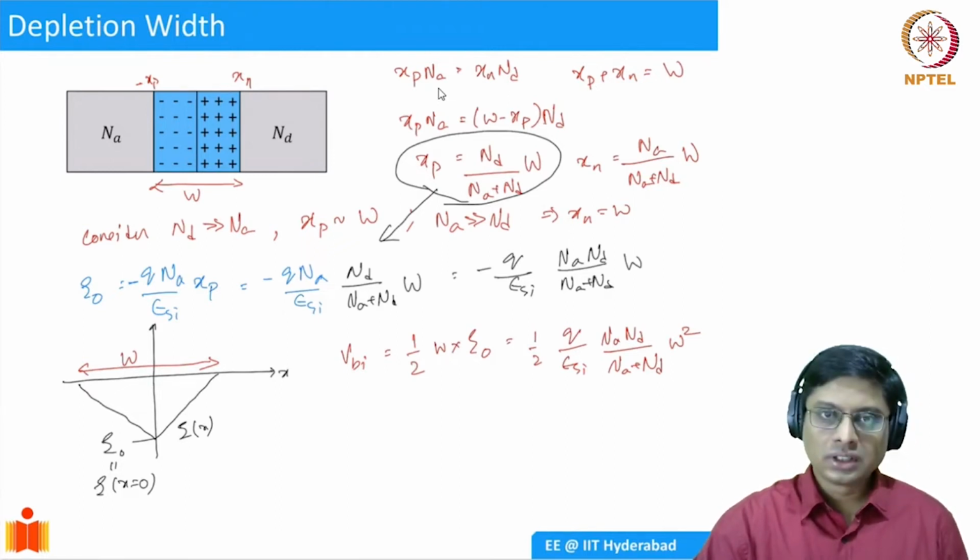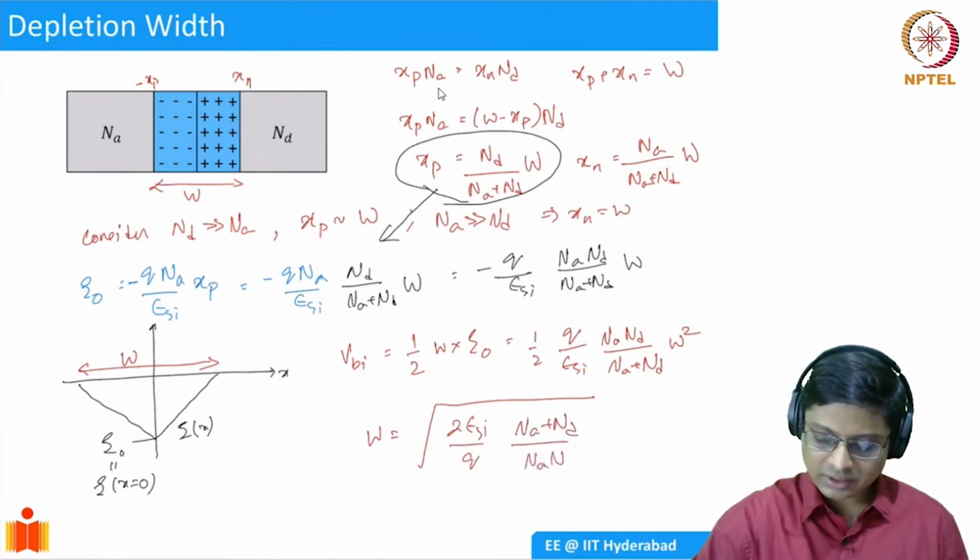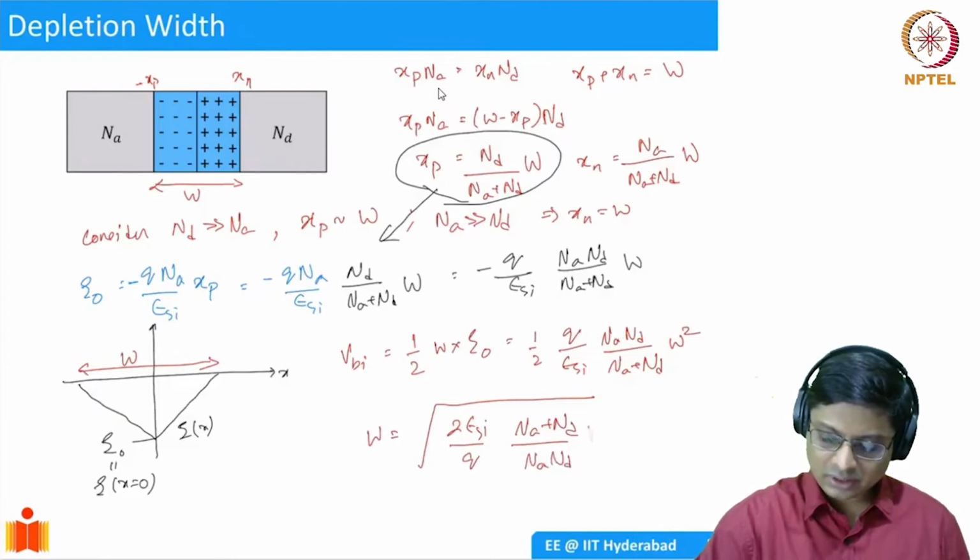So the width of the depletion region is going to be the square root of 2 epsilon silicon by q, Na plus Nd divided by Na Nd, times the built-in potential.